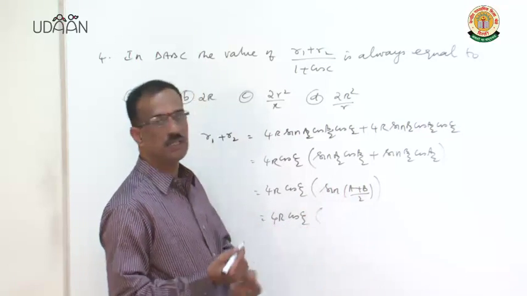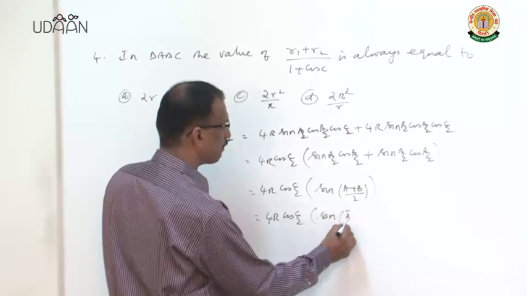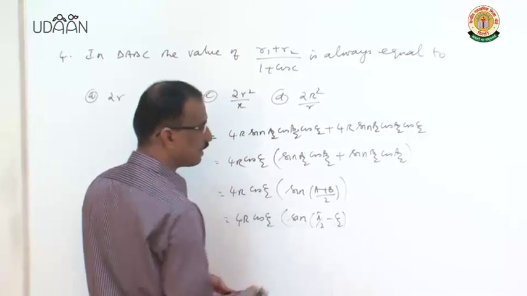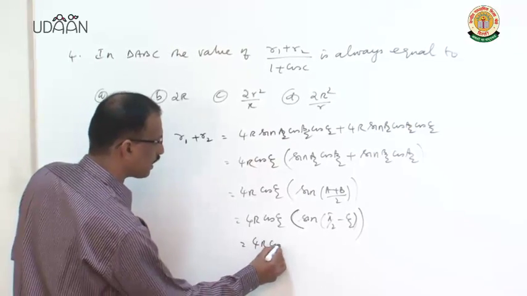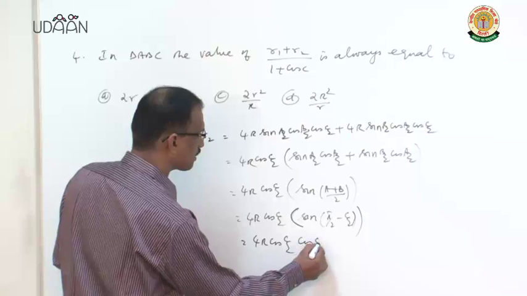4R cos C by 2 into, we know that A plus B is pi minus C. So, this gives us pi by 2 minus C by 2. So, 4R cos C by 2, sin pi by 2 minus C by 2 is cos C by 2.